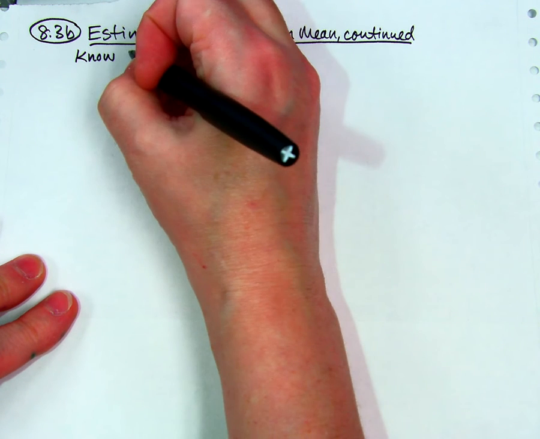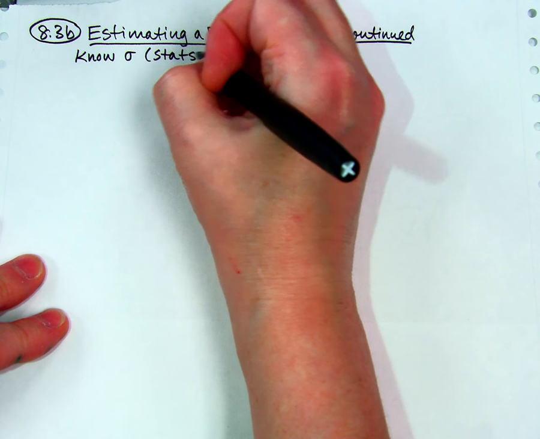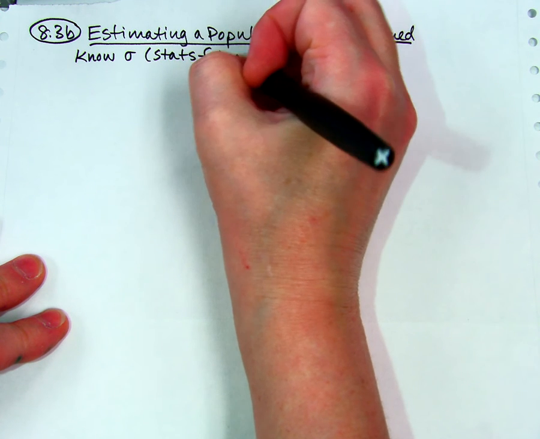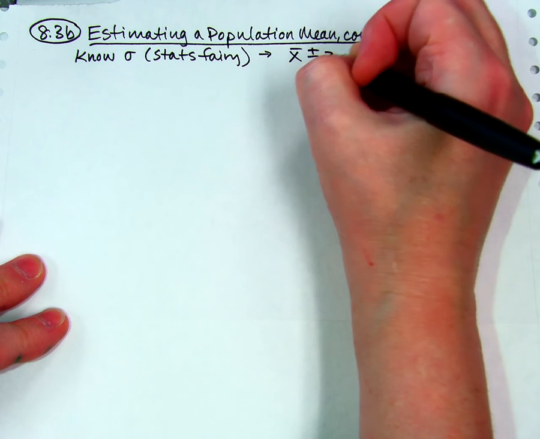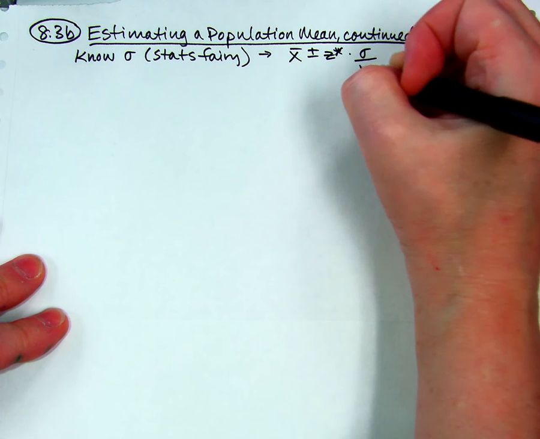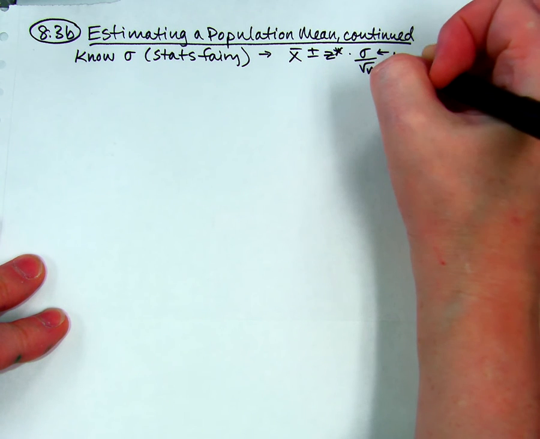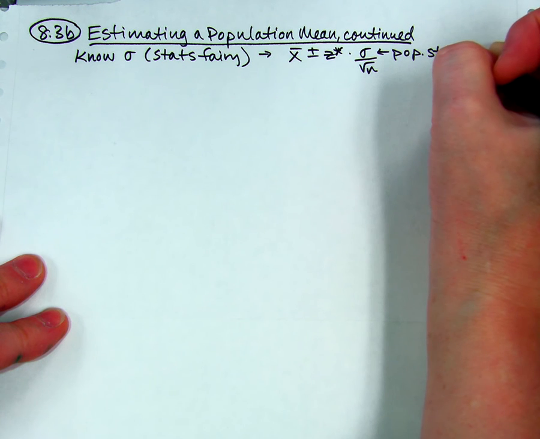If you know sigma, which means the stats fairy shows up, very rare, then you use the formula x bar plus or minus z star times sigma over square root of n, and that is the population standard deviation. We talked about that in 8.3a a little bit.